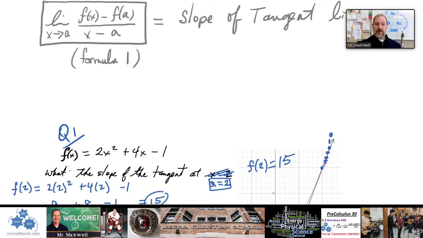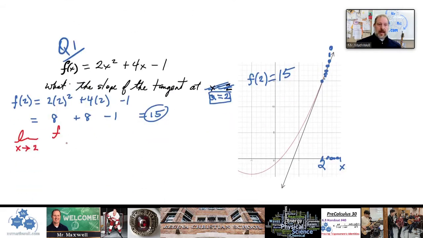Well, it's f of x first. Now, what is f of x? Well, f of x is actually this right here. So I'm going to just skip ahead here, and instead of writing f of x, I'm going to write the value of f of x because I've already put these values in. So f of x is actually 2x squared plus 4x minus 1. You see that?